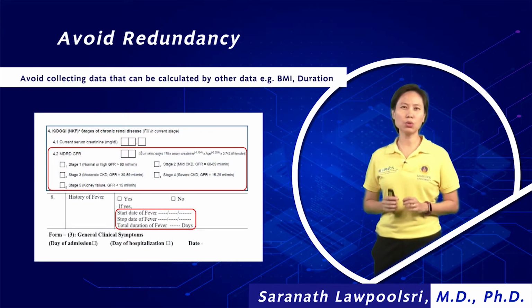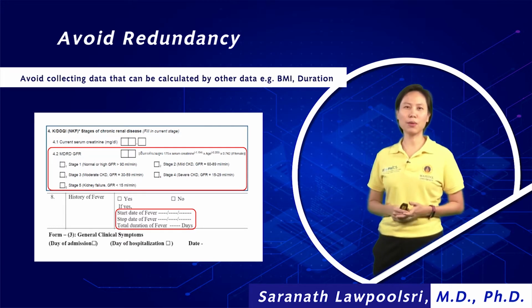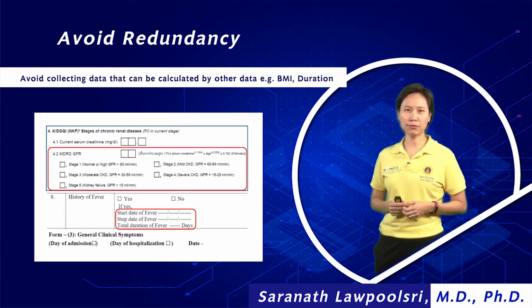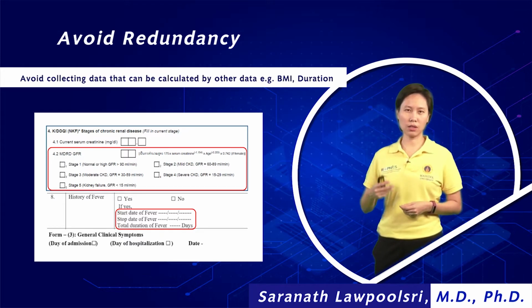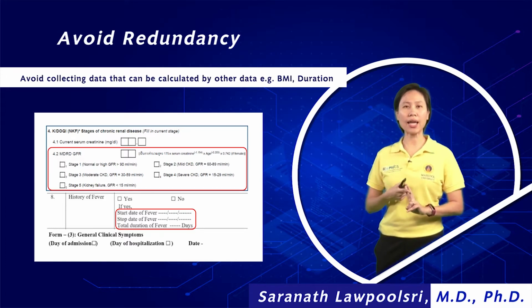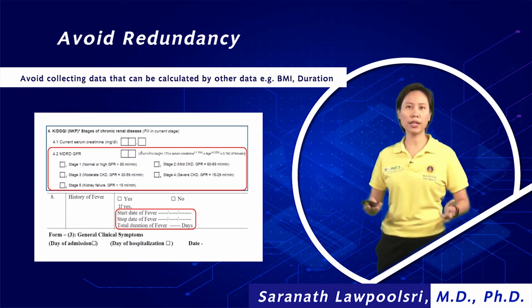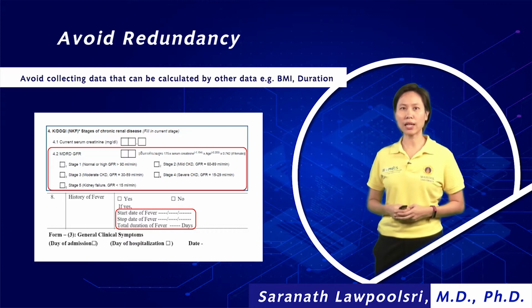And some data you don't need to collect. For example, something that can be calculated from different variables. For example, BMI. BMI can be calculated from weight and height, right? If you already collect weight and height, you don't need to collect BMI because you can simply calculate it when you do data analysis.